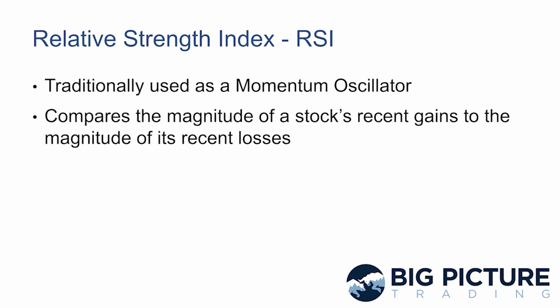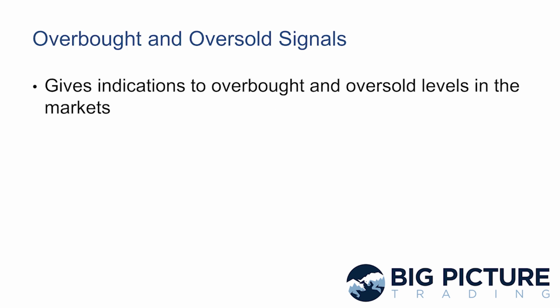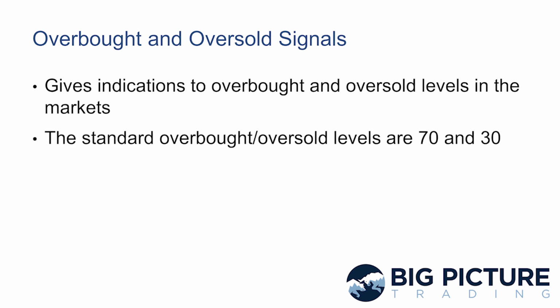And so what it's trying to do is gauge what is the relative strength of the price action over the setup period of time. Now, what traders have done is turn that into the signal that identifies overbought and oversold conditions. And the standard overbought, oversold levels on the oscillator are set to the 30 and the 70 level.